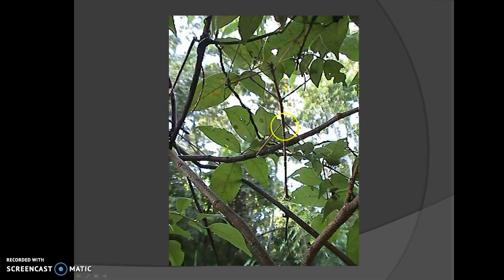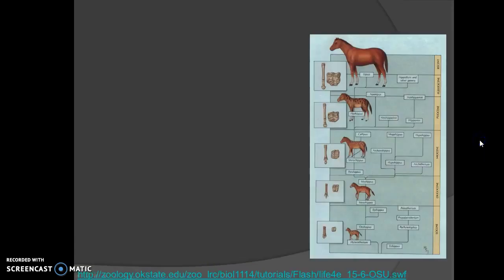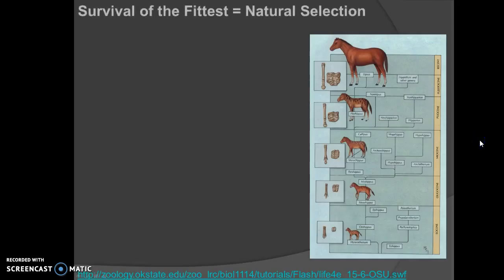The ability for these insects to blend into their environment is so amazingly profound that they are able to survive even better because of this adaptation and are allowed to produce offspring. Survival of the fittest really truly is natural selection, and these lead to evolution.